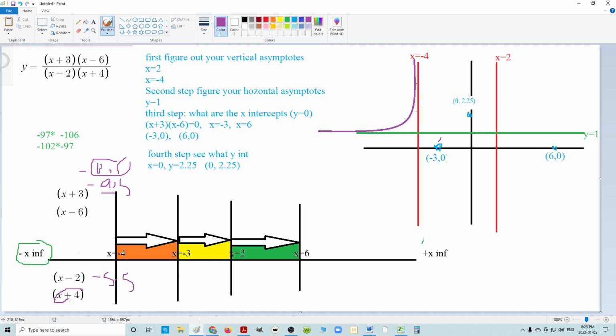I get negative 3.5 plus 4, and that's positive 0.5. So if I get a minus times a minus up top, I'm going to get a positive. But down below, I have a minus times a positive, so that's going to stay negative, which means the overall result is going to be negative, which tells me I'm on this side of the graph between this 3 and that asymptote, which tells me my graph must do this.